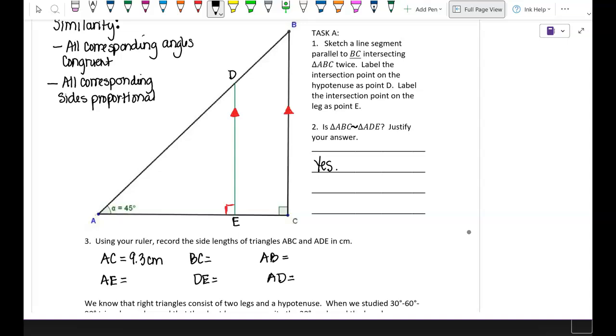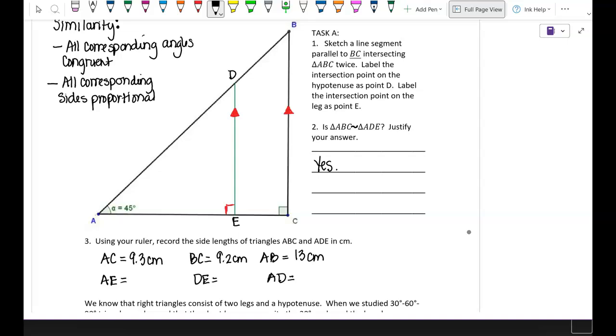What did we get for BC? 9.2. So again, we're in that ballpark. And what about AB? Everybody got 13? I had gotten 13.1, so again, that would be in the ballpark.